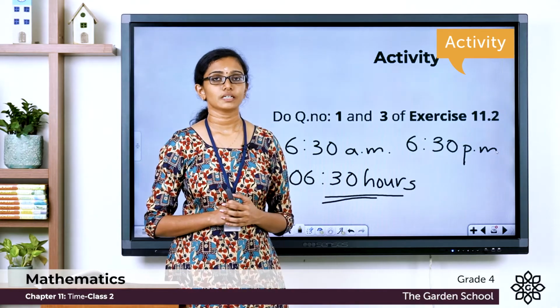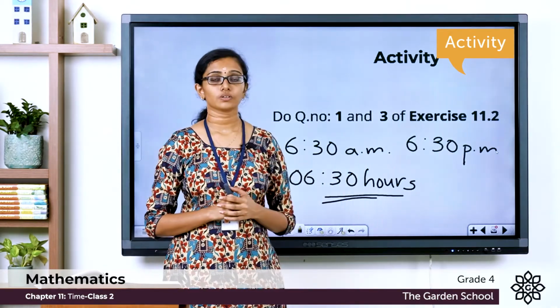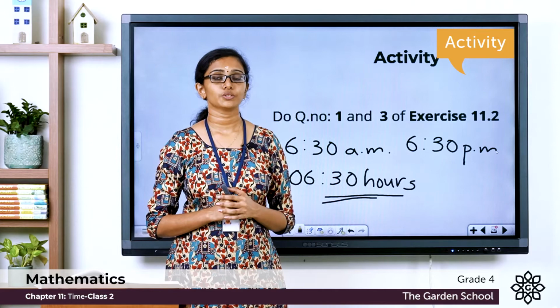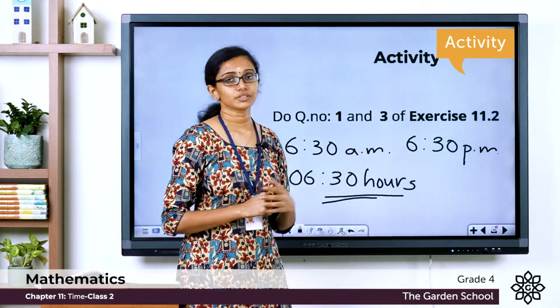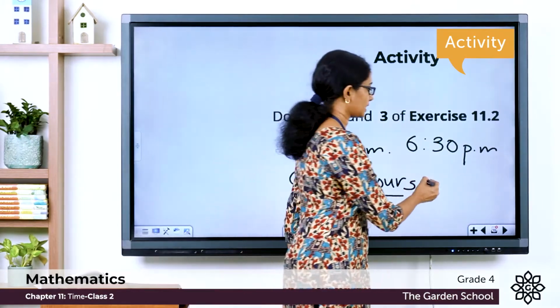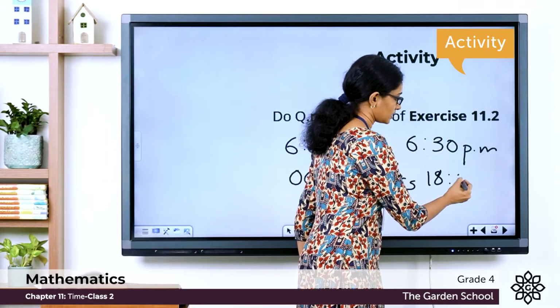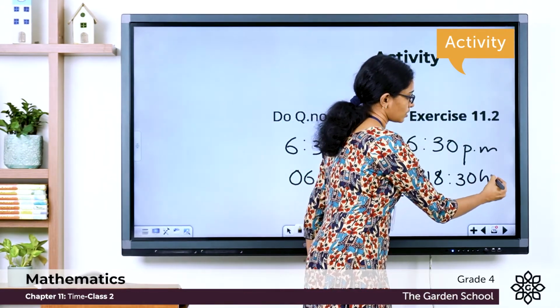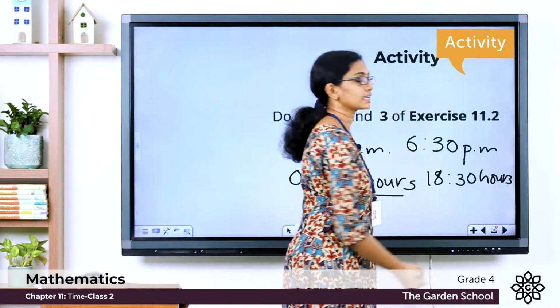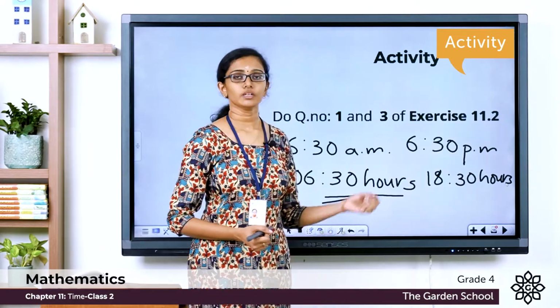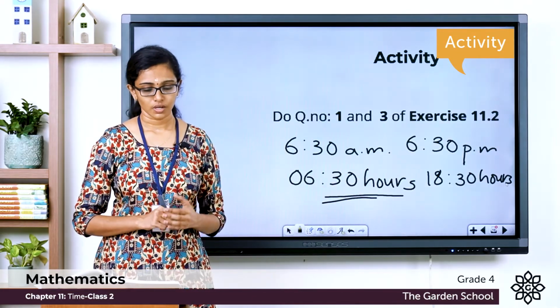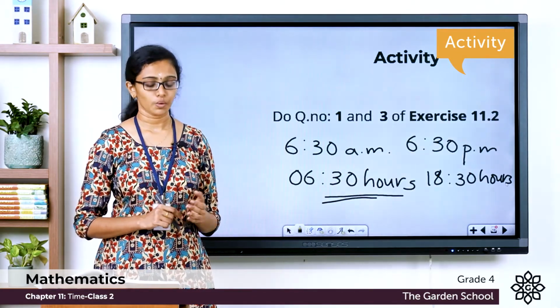So what is 6:30 in the evening on the 24-hour clock system? It will be equal to 12 in the noon plus 6 hours 30 minutes, so it will be 18:30 hours. Just add the given time to 12 hours and you'll get the equivalent time in the 24-hour clock system. The rest of the questions you have to work out yourself.